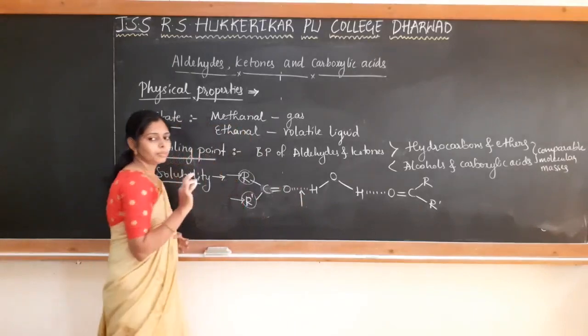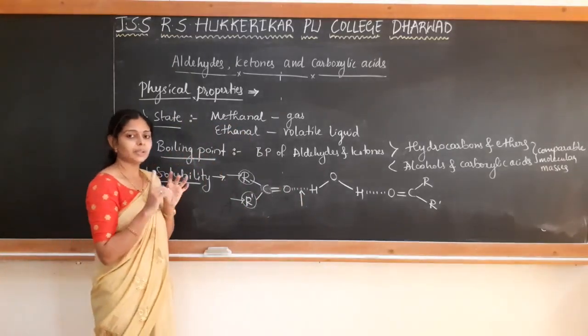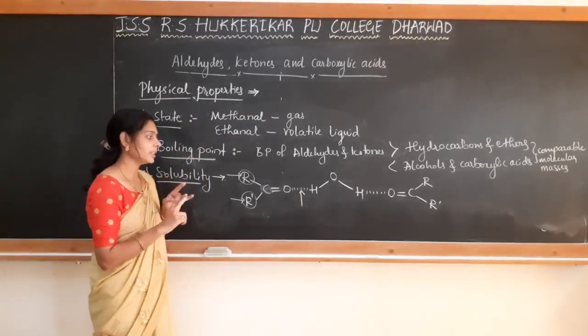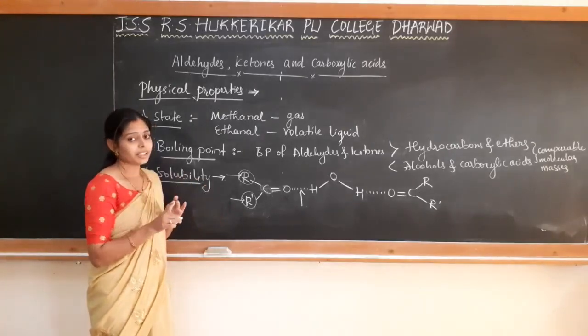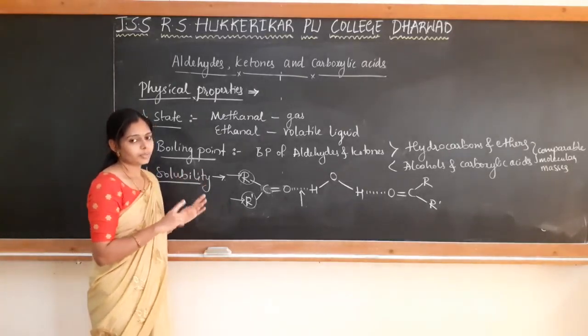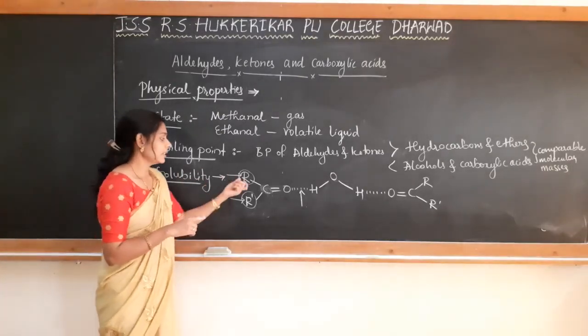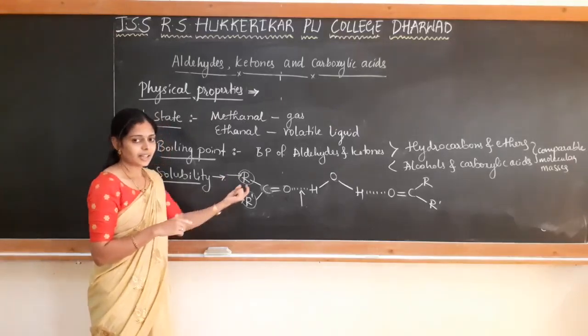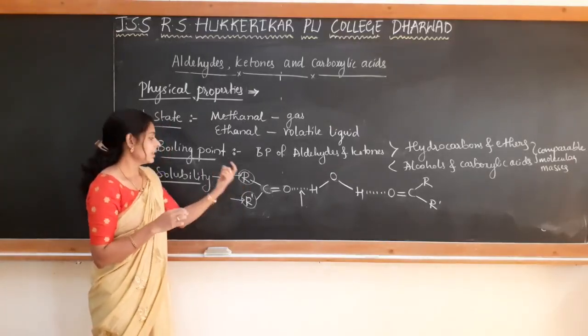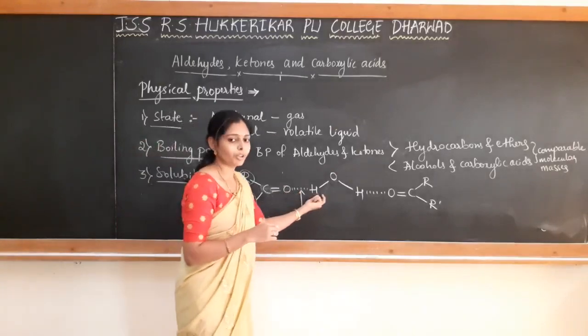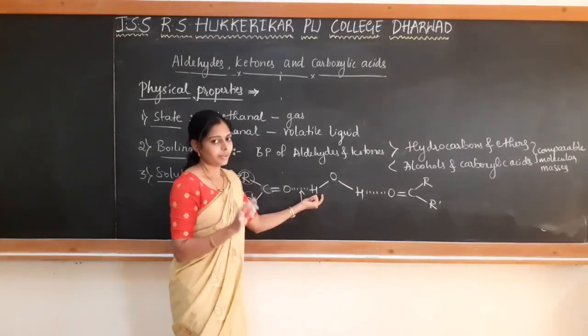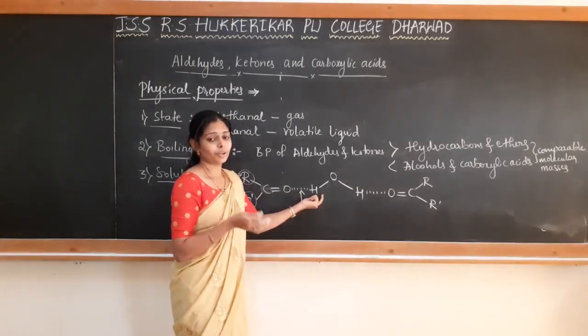So the lower members like methanol, ethanol, propanol are soluble in water, whereas higher members are insoluble in water. As the size of the alkyl group increases, the affinity with the water molecule decreases. The affinity to form hydrogen bonding will decrease.